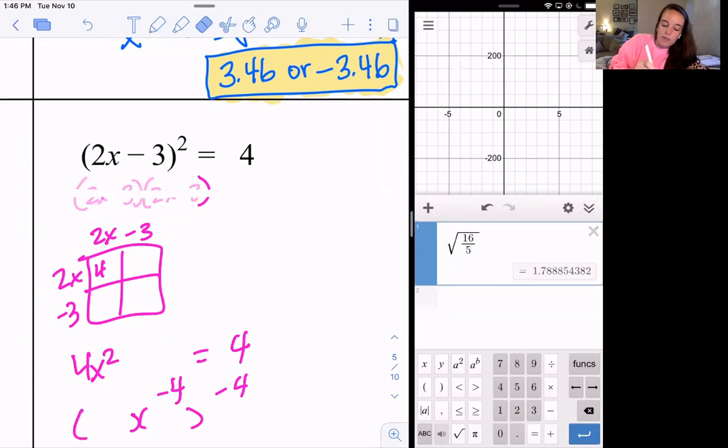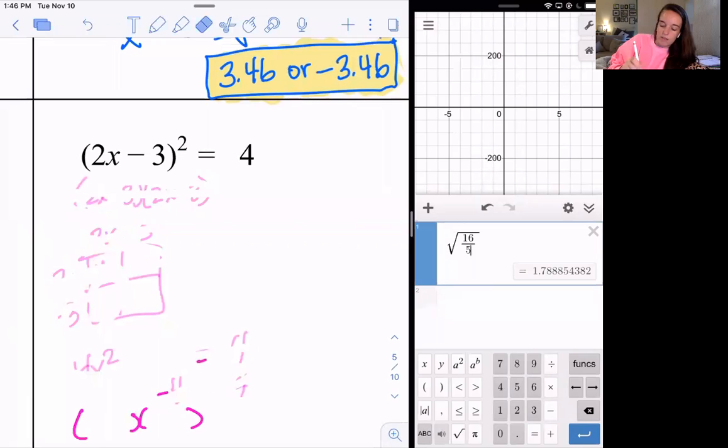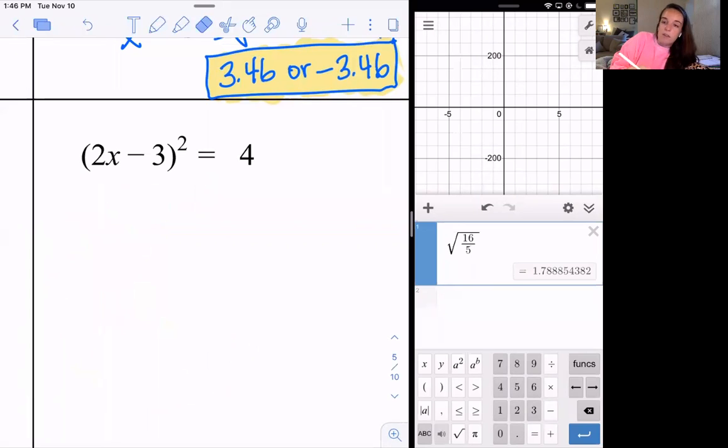I want us to think about a different way that we can do this. The parentheses are locked up in here, but we can get to them if we take the square root of both sides. The square is already by itself, so we can jump to step 2, which is to take the square root of both sides.